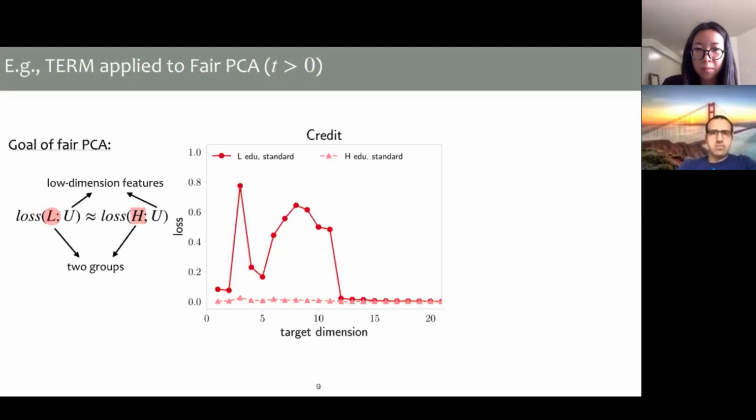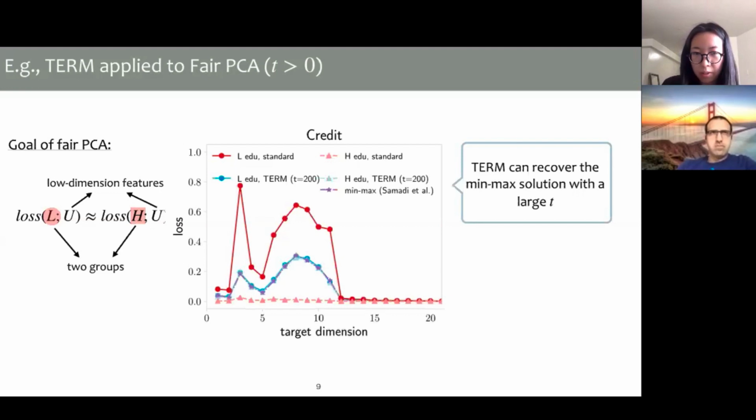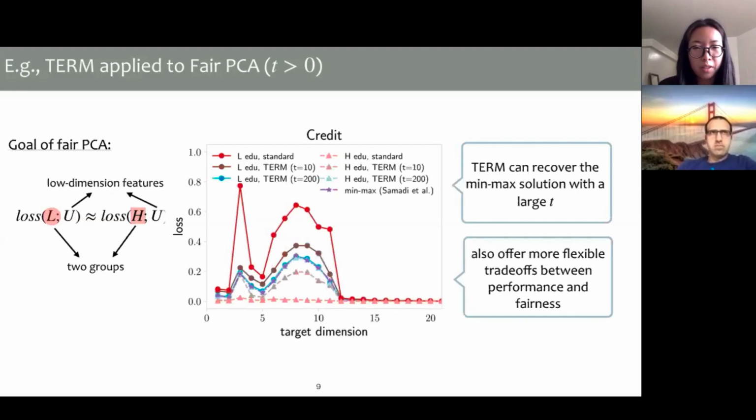If we use standard PCA, we see that there is a large gap between the errors on the low education and high education groups on this credit data set. And TERM can recover a recently proposed min-max fair solution with a large t, while at the same time offers more flexible trade-offs between performance and fairness by encouraging fairness in a less aggressive way.